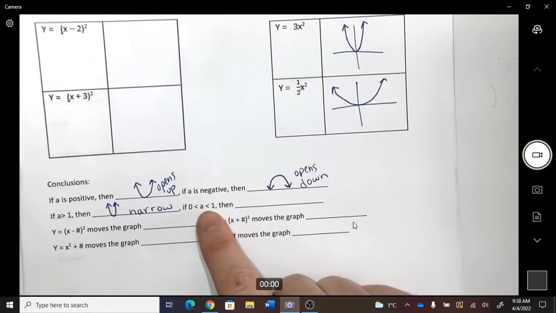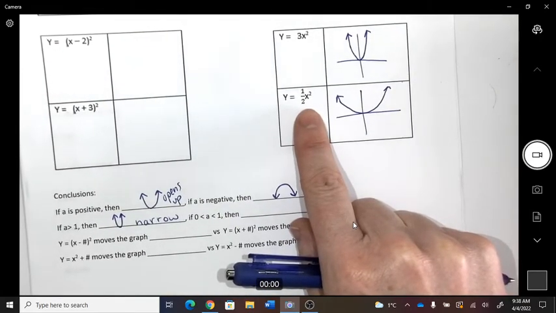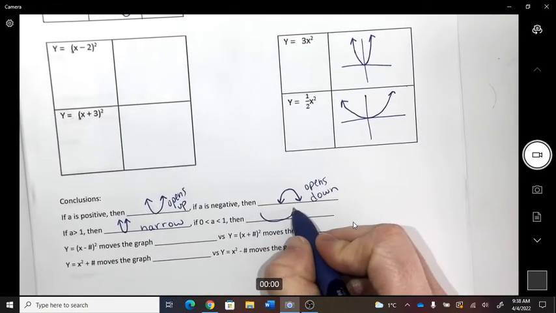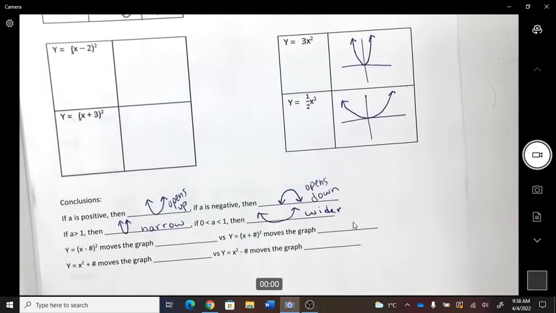And if A is less than 1, so 1/2, right? A half is smaller than 1. Then what happened? It got wider. So if A is bigger than 1, it's going to go skinny. If it's a fraction or a decimal, it's going to go wider.